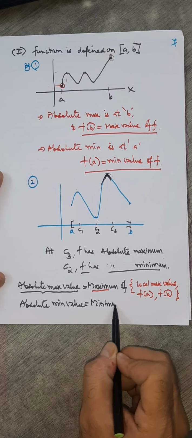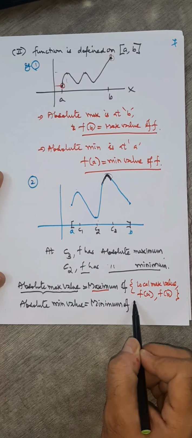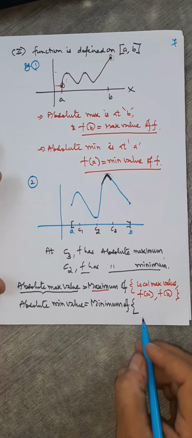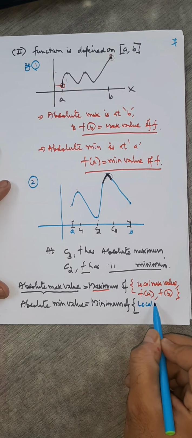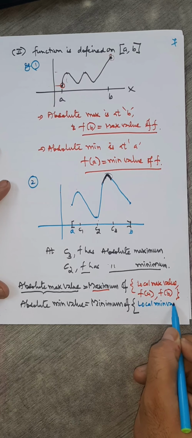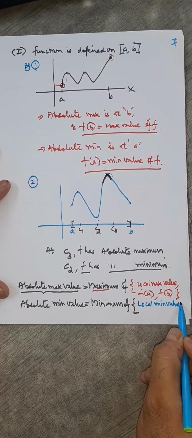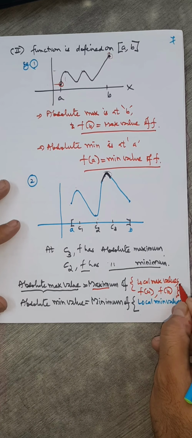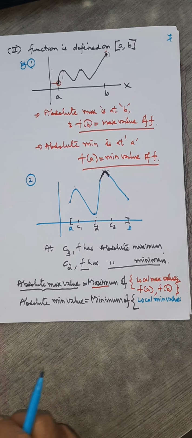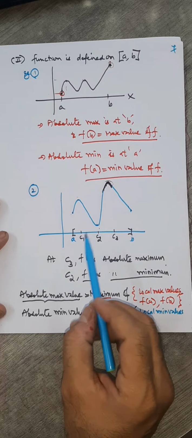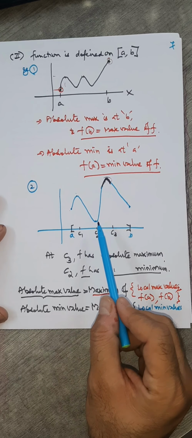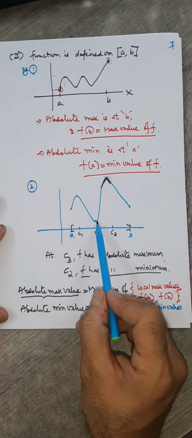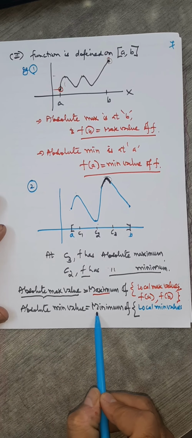Minimum of, that's the smallest, minimum of all local minimum values. Now you look at here, see, there is only one local minimum value, that is this one. So the minimum will be itself, and that will be the absolute minimum value.